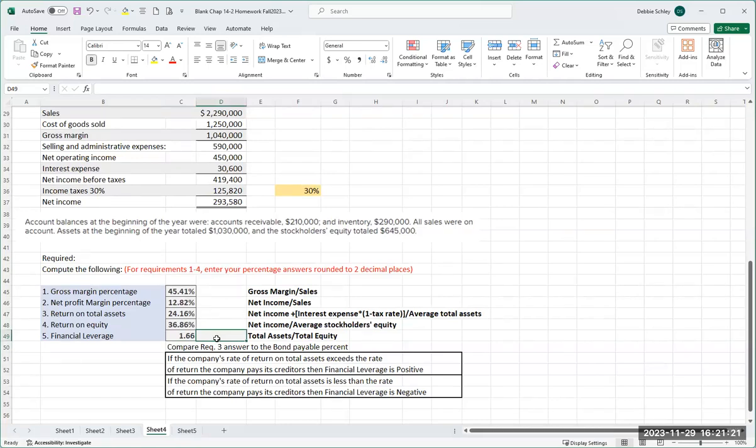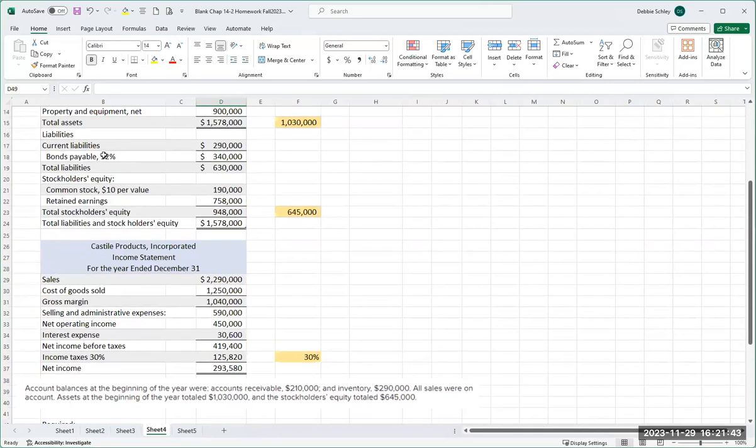The best answer that I was able to come up with is to look at the return on total assets for required number 3, which for mine is 24.16%. The definition of a positive financial leverage is when this return on total assets percentage is greater than the percent that I'm paying on my long-term bonds payable.